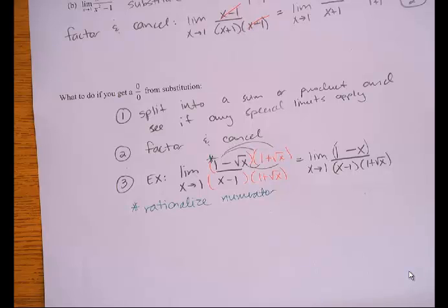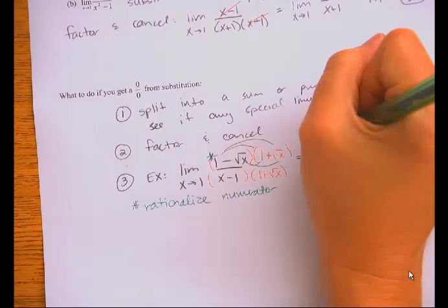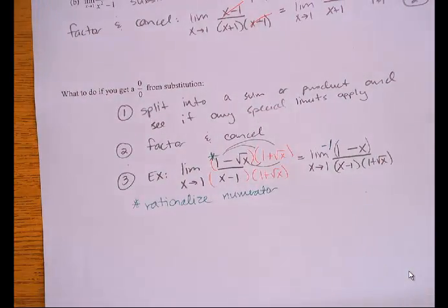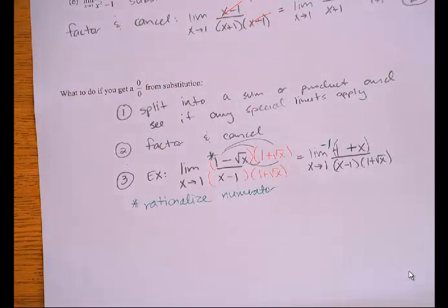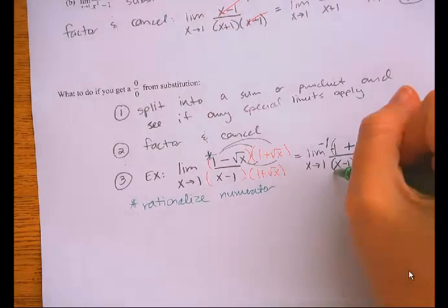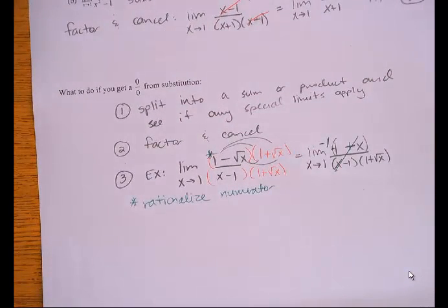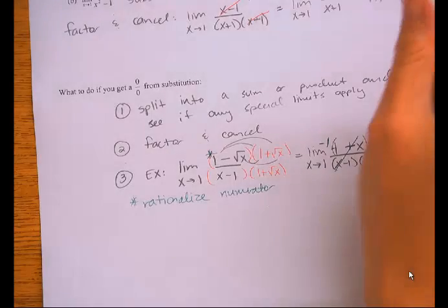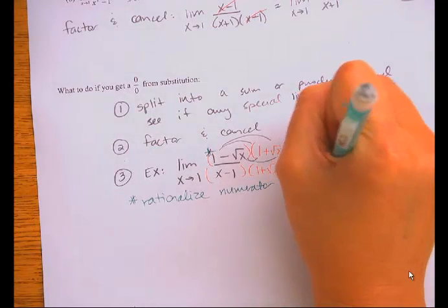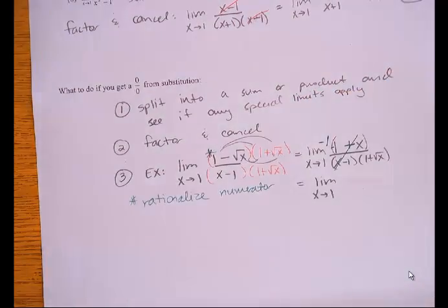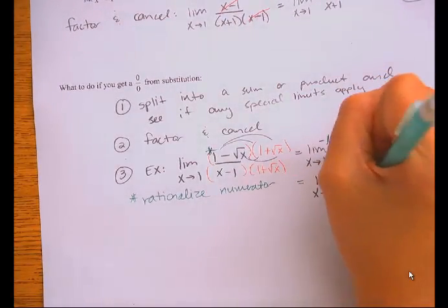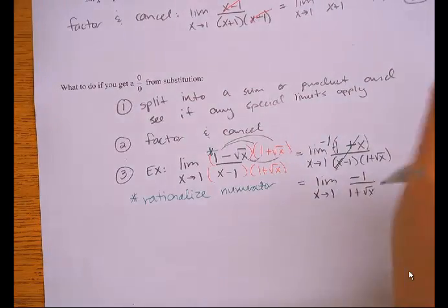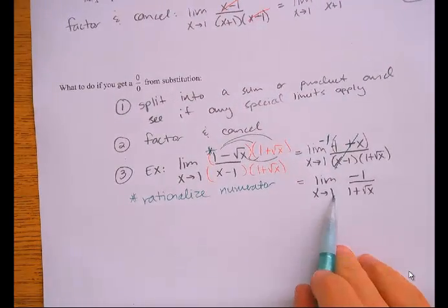So if I factored out a negative 1 from the numerator, that would turn this into a positive, and then that would turn that into a negative. And then they would be identical. And then I could cancel them like that, again, as long as x is not equal to 1. But we're not going to let x equal 1. We're just going to look at around 1. And then I'd be left with this. And then I could go ahead and substitute.